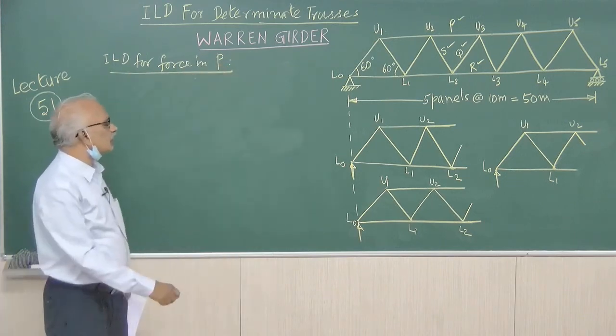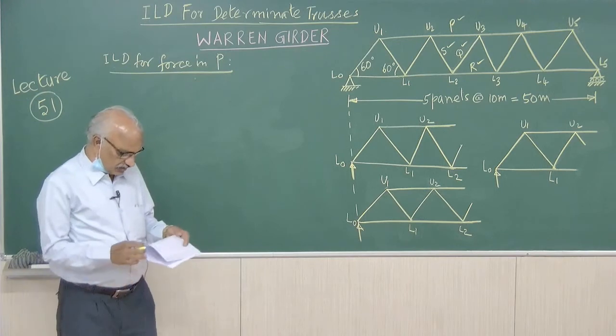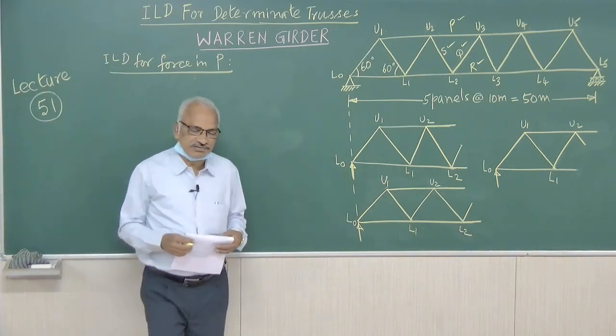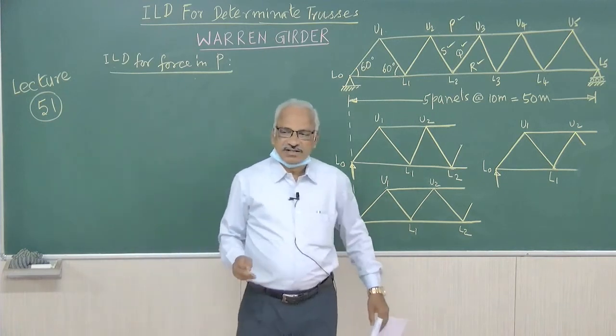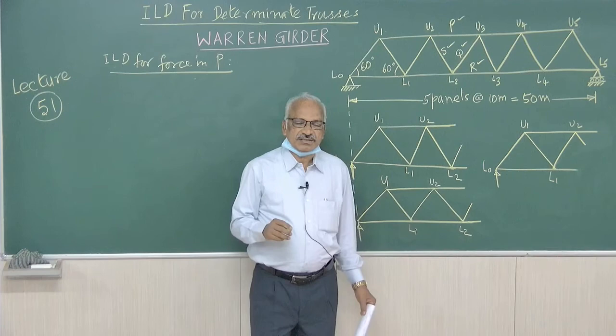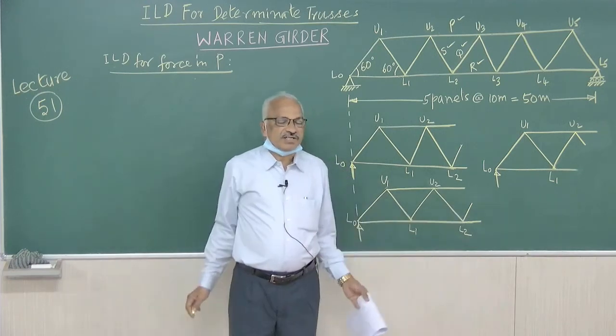ILD for the force in member P, for which we have to pass a section. As we discussed in the earlier lecture, we are following the method of sections. So whatever may be the number of panels, we need not worry.